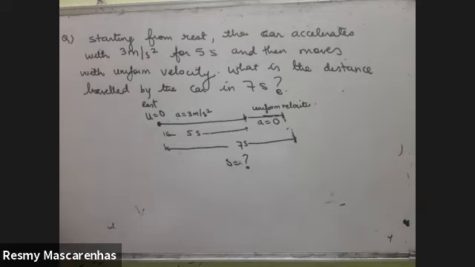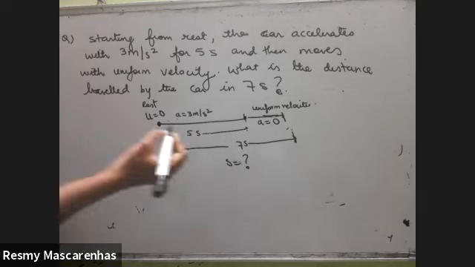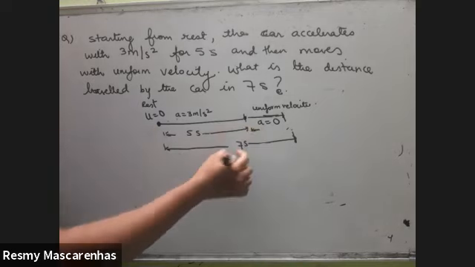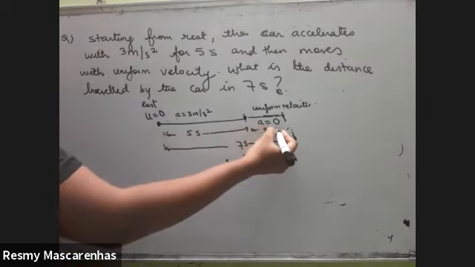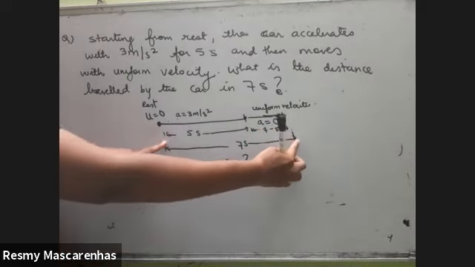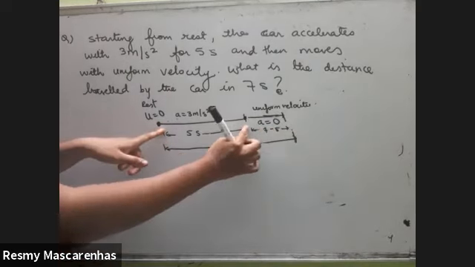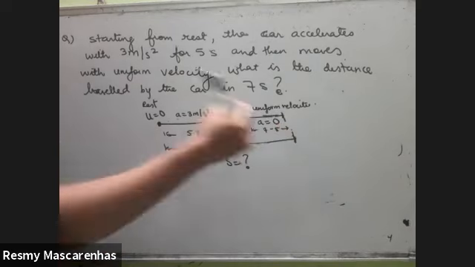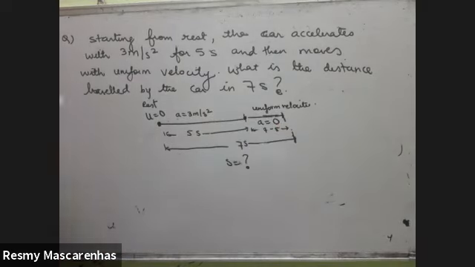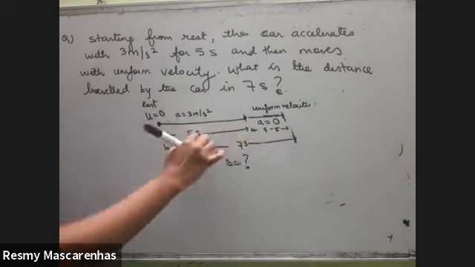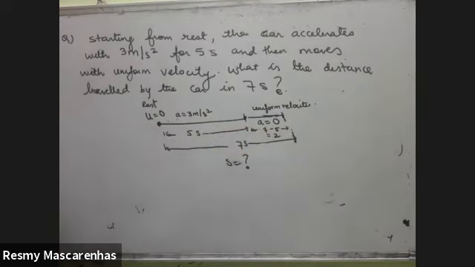After that, it is uniform velocity, means for the next time, you know that definitely this will be 7 minus 5. Total 7 it is covering. So for the 2 seconds, we know that your acceleration is 0. How do we get it? Total 7 minus 5, that will be 2.